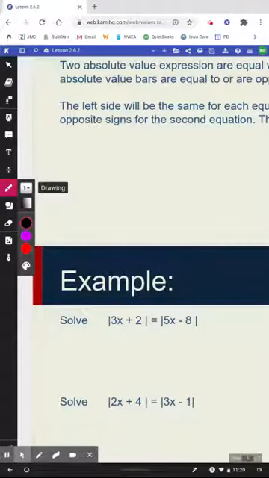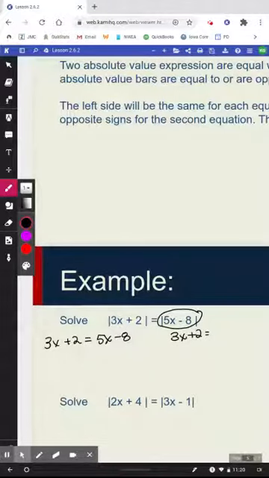So we're going to set up the original 3x plus 2 equals 5x minus 8. And on the second one, we're going to do 3x plus 2 equals, and we're going to change both of these into the negative. So it's going to be -5x, but +8. So I'm changing the signs on both things.